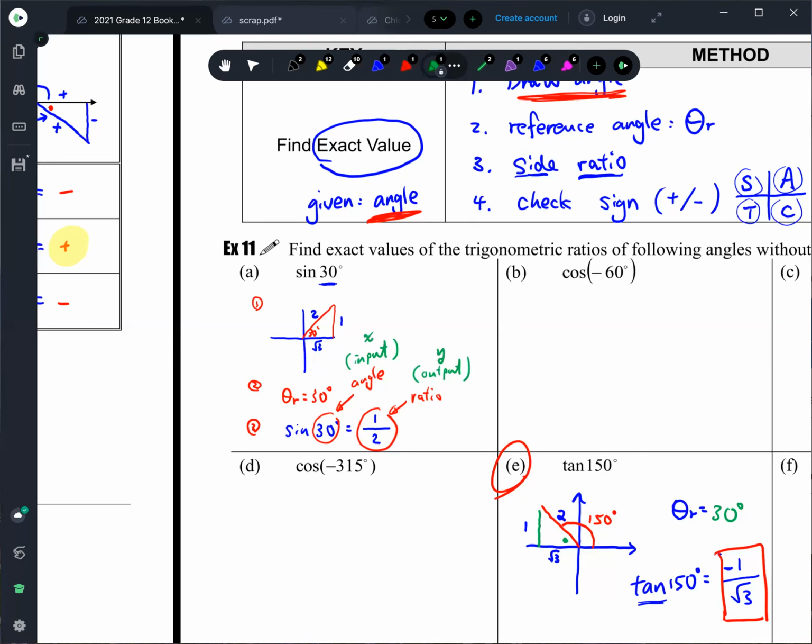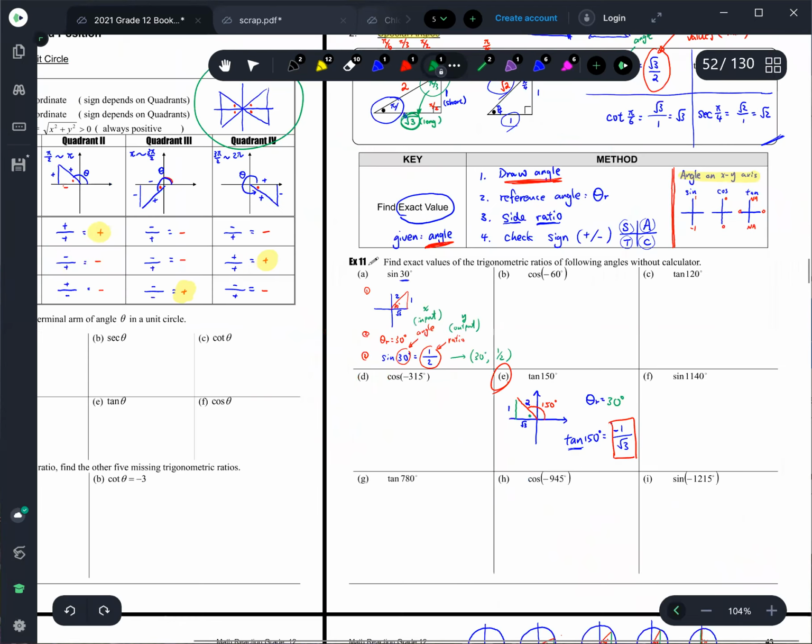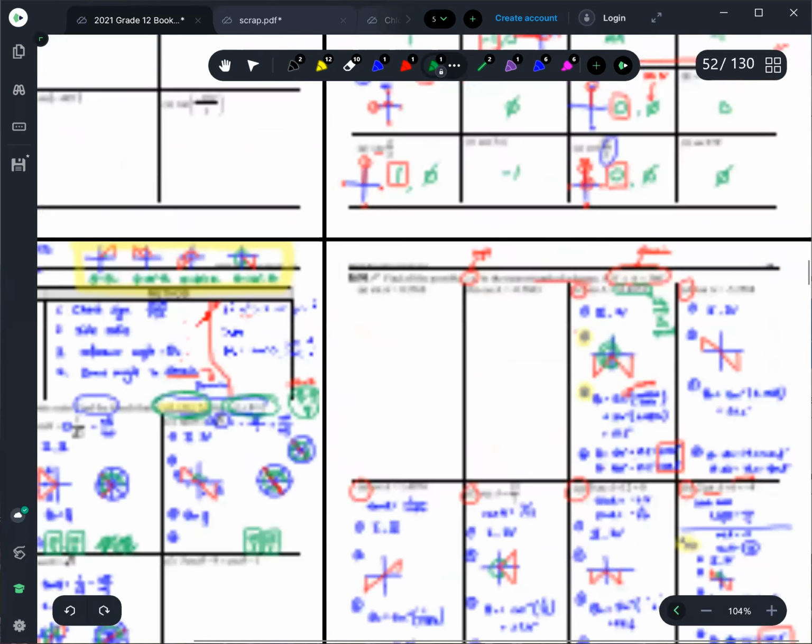So for this one, you can think of it as a point, 30° and 1 over 2. That's a point. So angle is the x, ratio is the y.